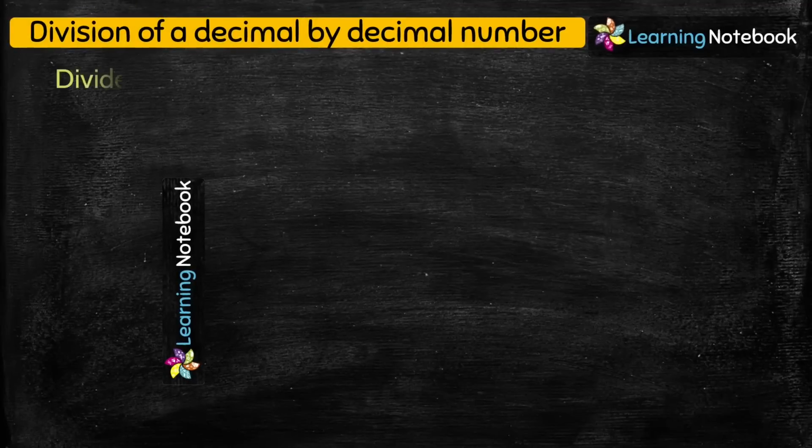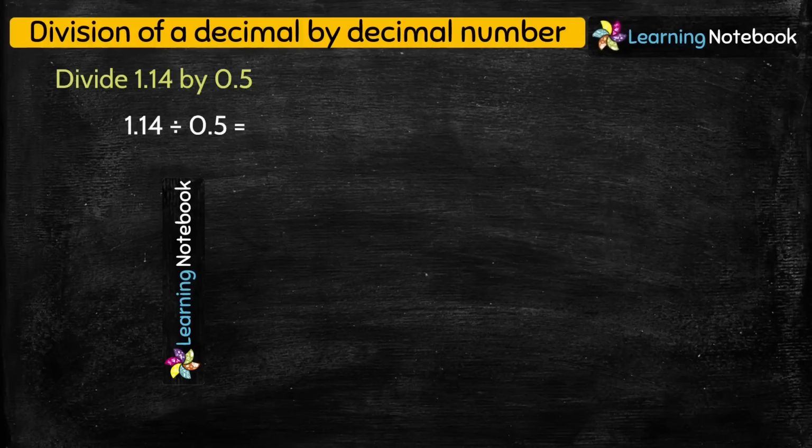Let's see the next question. Divide 1.14 by 0.5. So students, 1.14 divided by 0.5 can also be written as 1.14 upon 0.5.